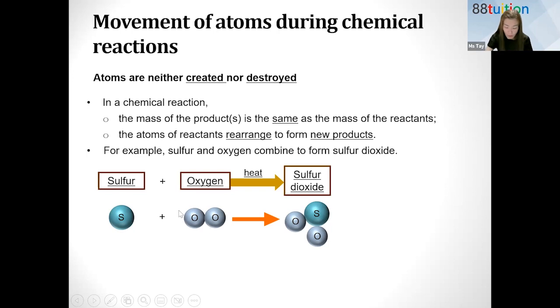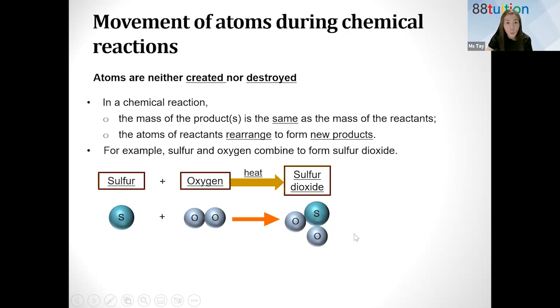This is our oxygen gas. When sulfur burns in oxygen gas, we get sulfur dioxide. The bonds here are going to break, and after the bonds are broken, you have oxygen atoms. They rearrange themselves and get attached to the sulfur atom in this manner.